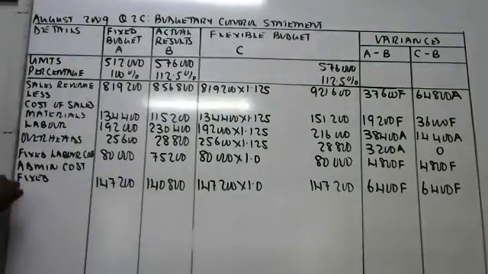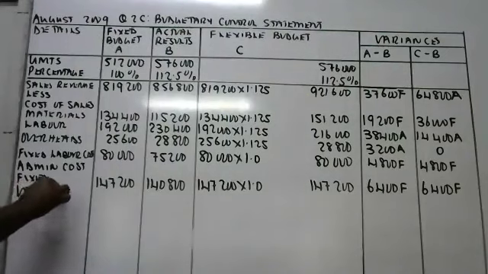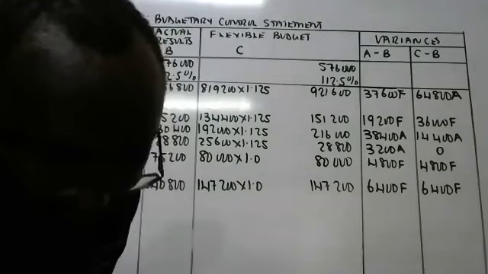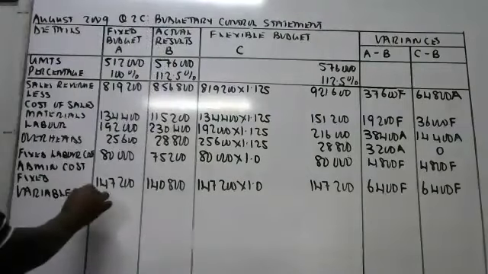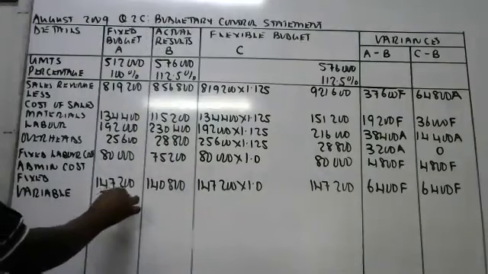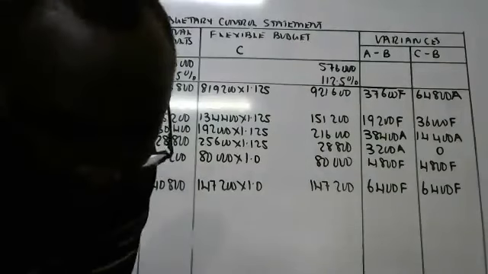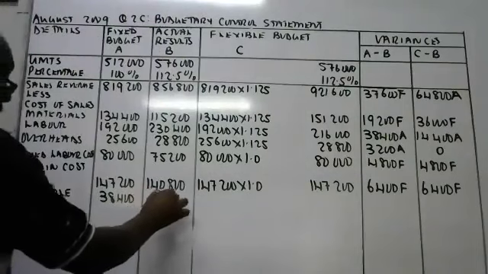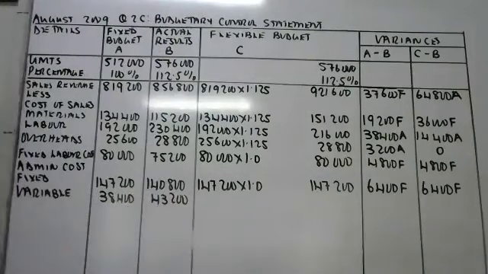Then we come to the variable. Variable for the original budget is 38,400 and in the actual is 43,200. So is this a variable cost?